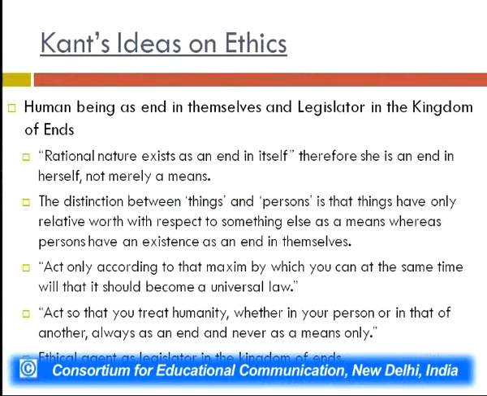Kant tries to explain it another way. He says the distinction between things and persons is that things have only relative worth with respect to something else as a means, whereas persons have an existence as an end in themselves. So, the difference between things and persons is that things do not seem to have any value for themselves.